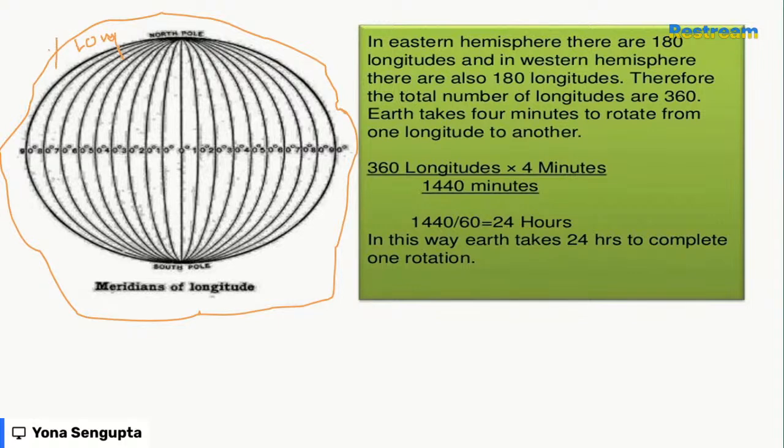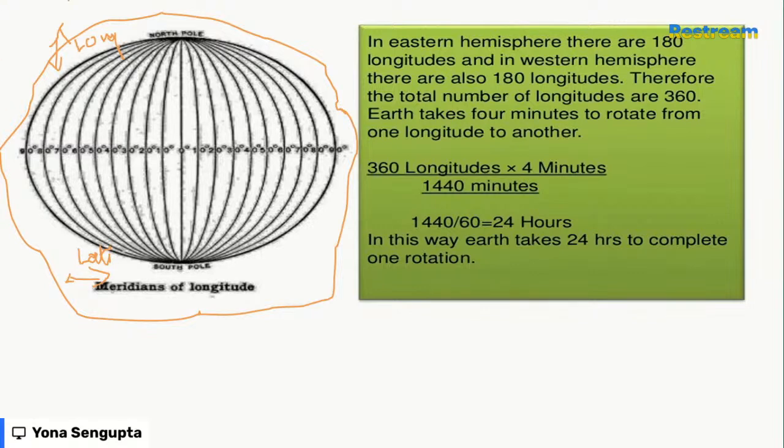Longitudes is this, and latitude is sidewards, the horizontal way. So it's 360 into 4 minutes. Why? In the Eastern Hemisphere there are 180 longitudes, and in the Western Hemisphere there are 180 longitudes.